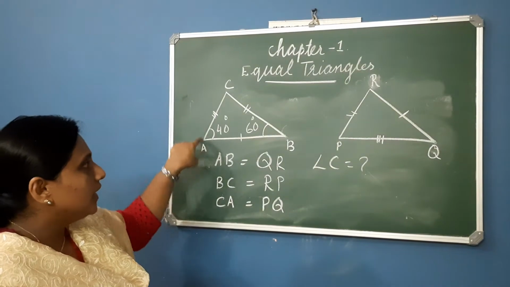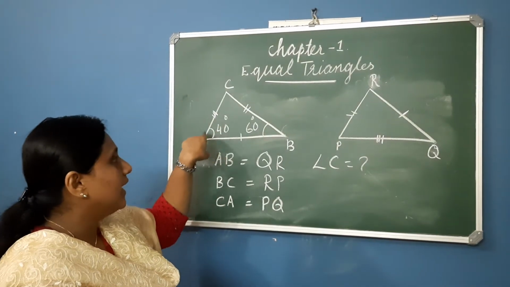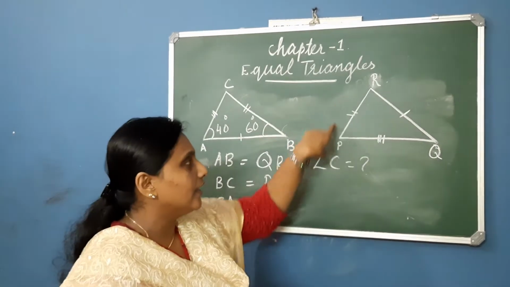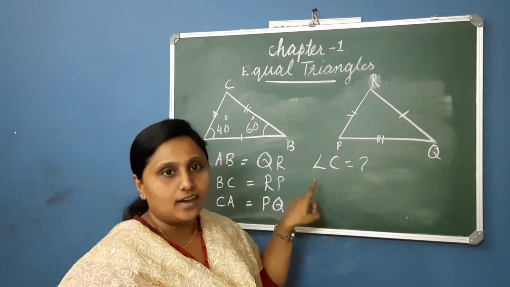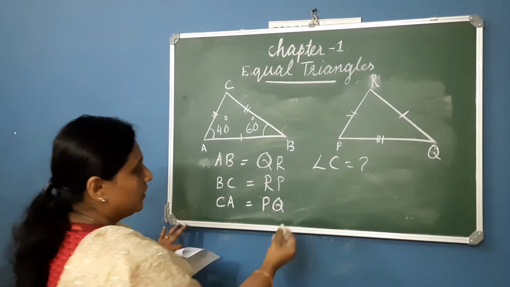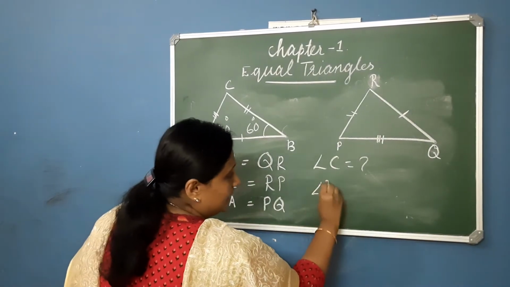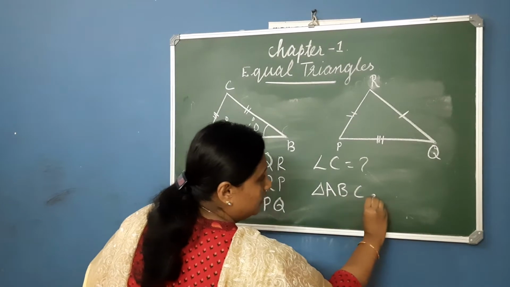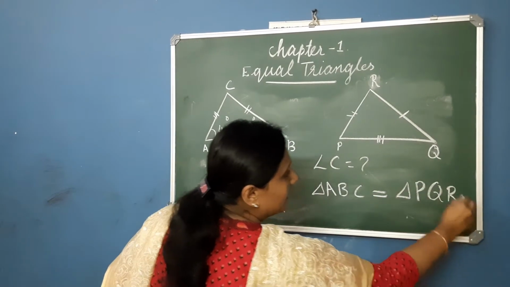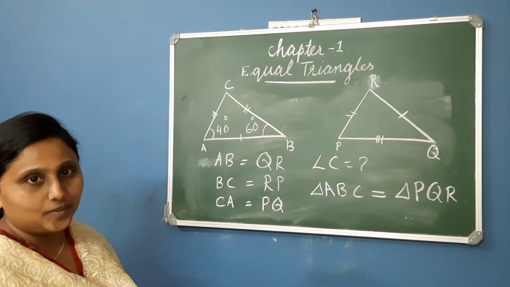So 3 sides of triangle ABC are equal to 3 sides of triangle PQR. Therefore, by SSS rule, what can we say? Triangle ABC equal to triangle PQR. That is, they are equal triangles.